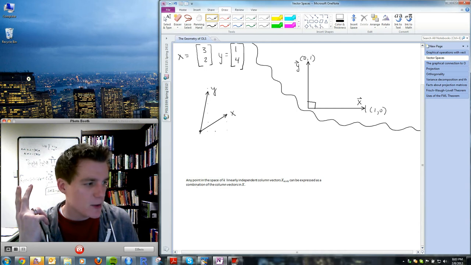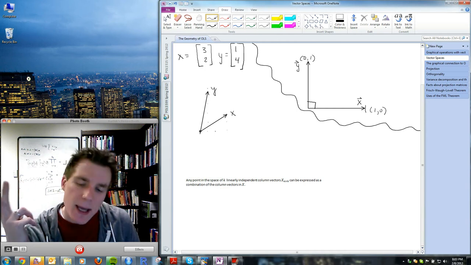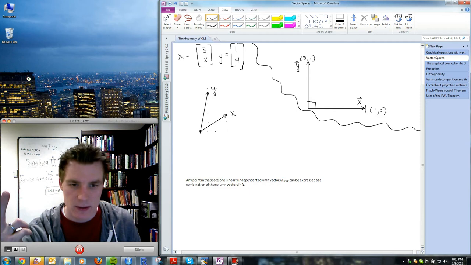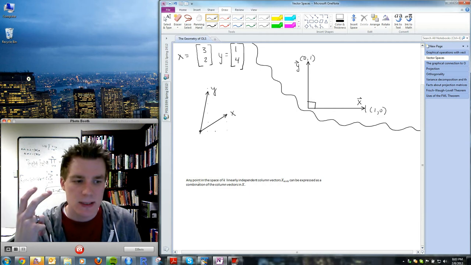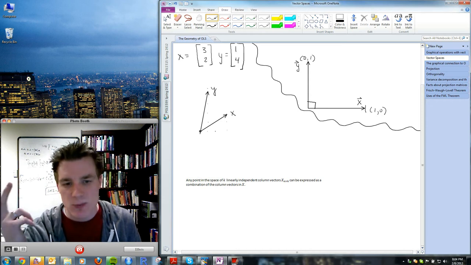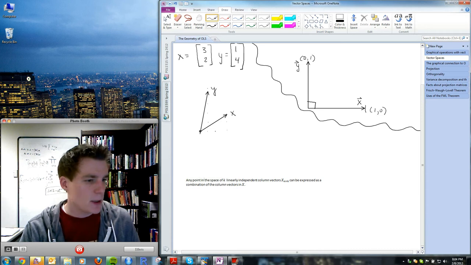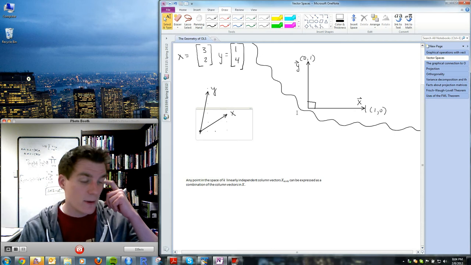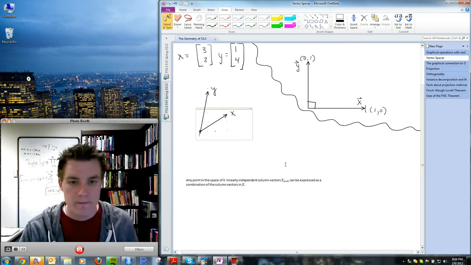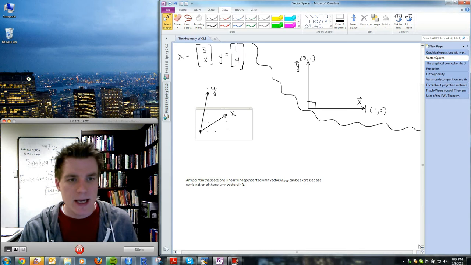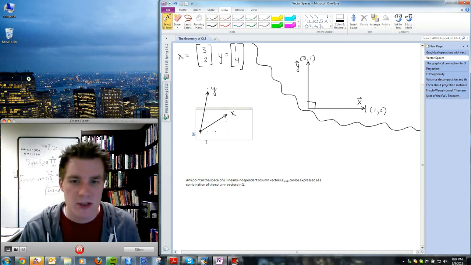So one point I wanted to make here is that any point in the space of k linearly independent column vectors out of a matrix X, n by k, so k is the number of columns, so we've got k column vectors, can be expressed as a combination of the column vectors in X. Now, what do I mean by that? Well, I mean the following thing.